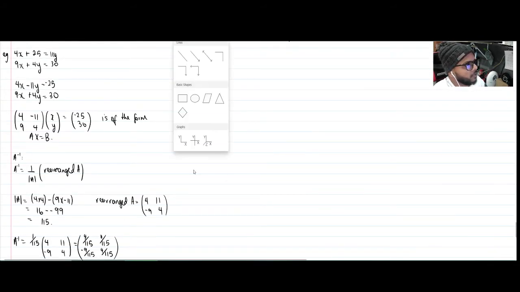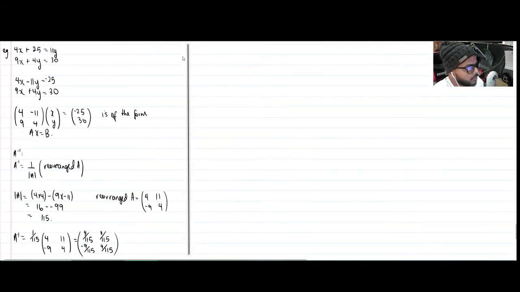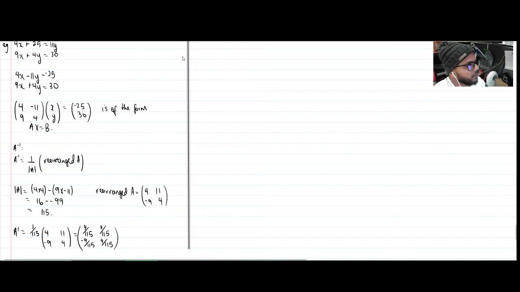Nice. Now we need to pre-multiply equation 1 by A inverse on both sides. And remember, if you forget, just come back and say let this be equal to 1.